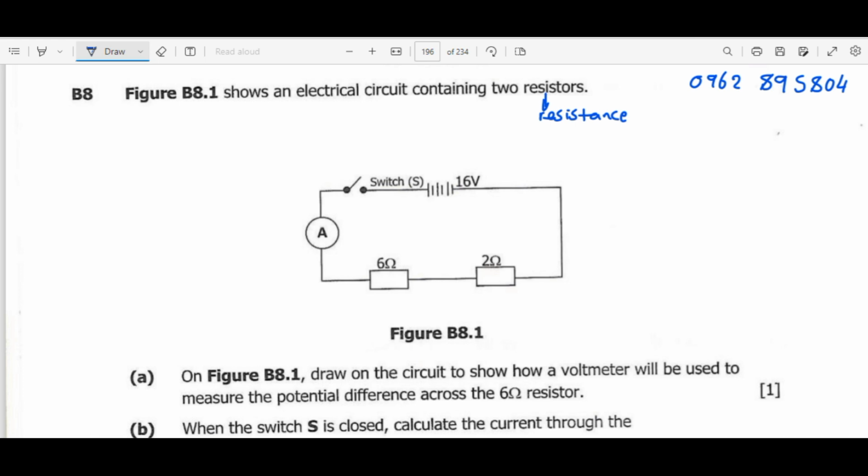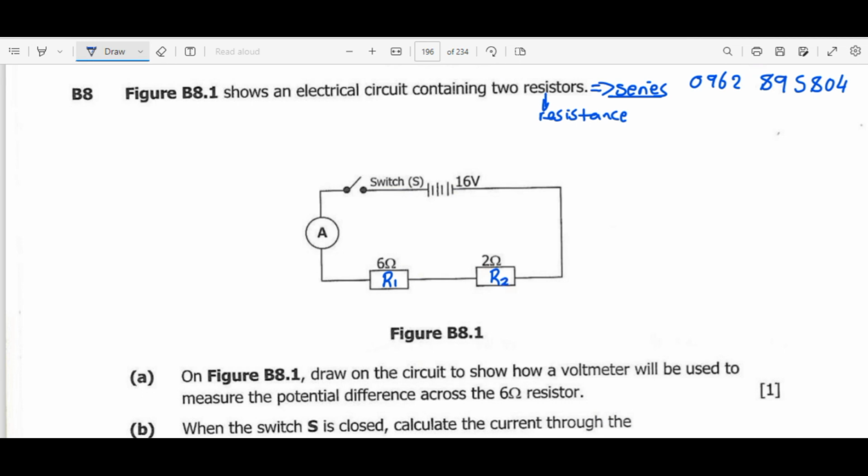Now, if you look at the diagram that we have here, we are dealing with a series connection. Now, why are we saying this is a series connection? Because the two resistors are connected in one loop, which simply means that the current flowing in resistor 1 must be equal to the current flowing in resistor 2.